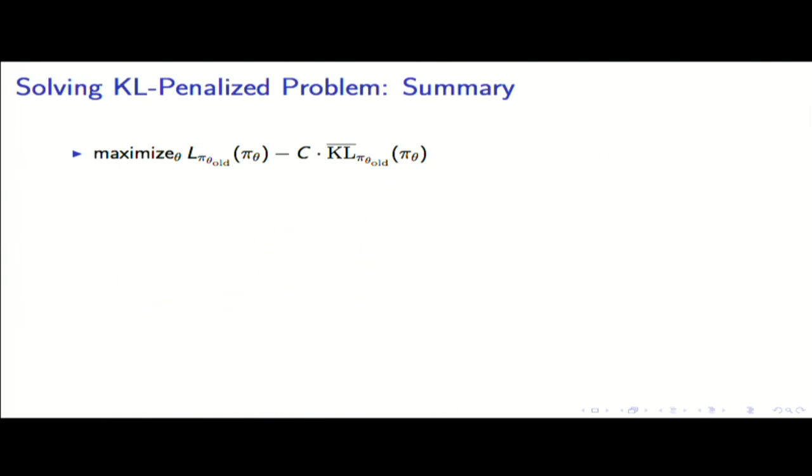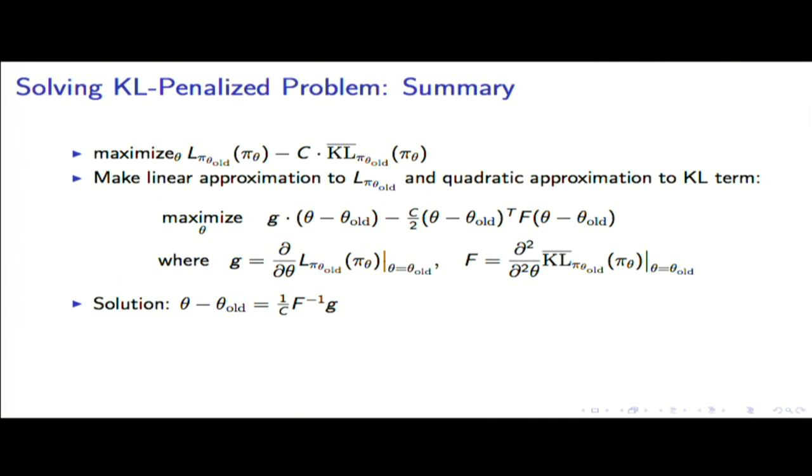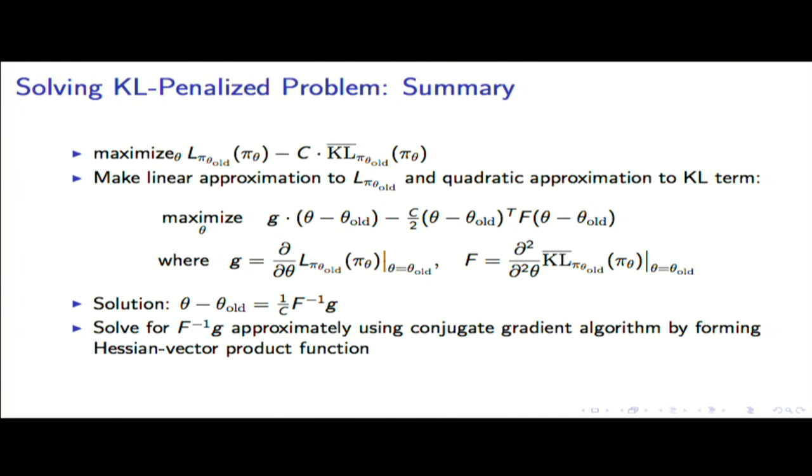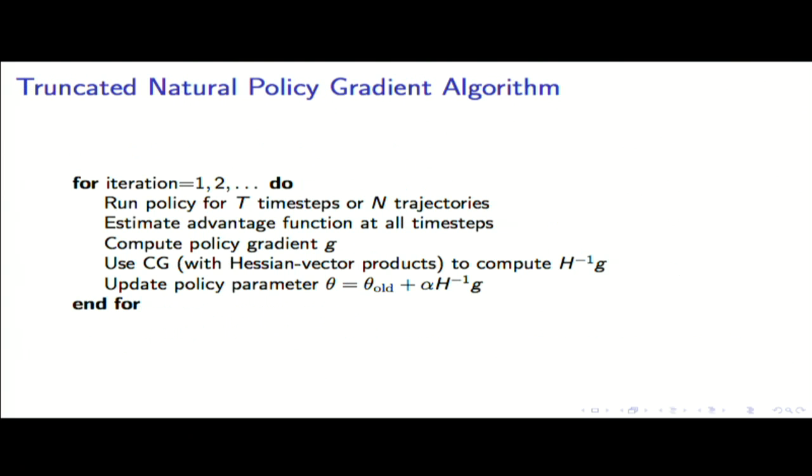Okay, so that's the truncated Newton method, which is a general optimization technique, and you can use that here to do natural policy gradient. It's called natural policy gradient for reasons I'll describe in a few slides.